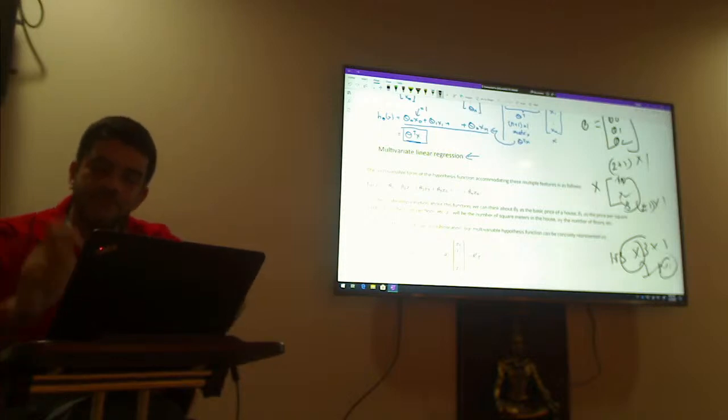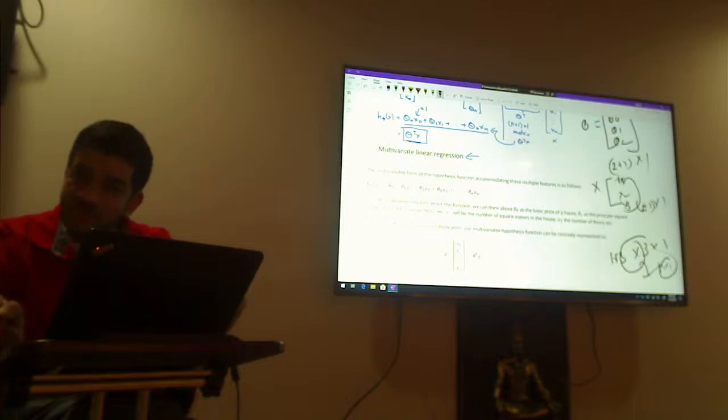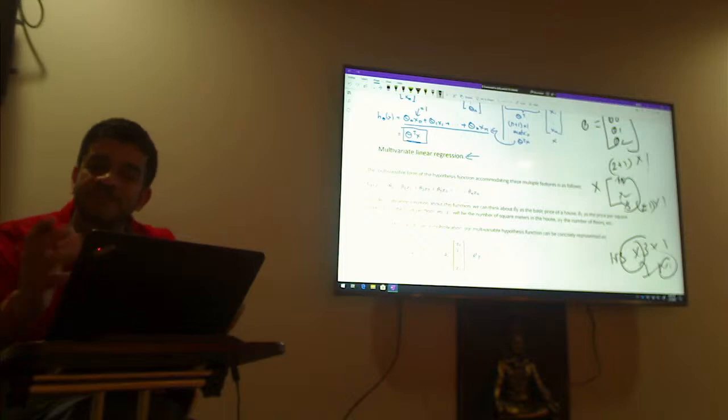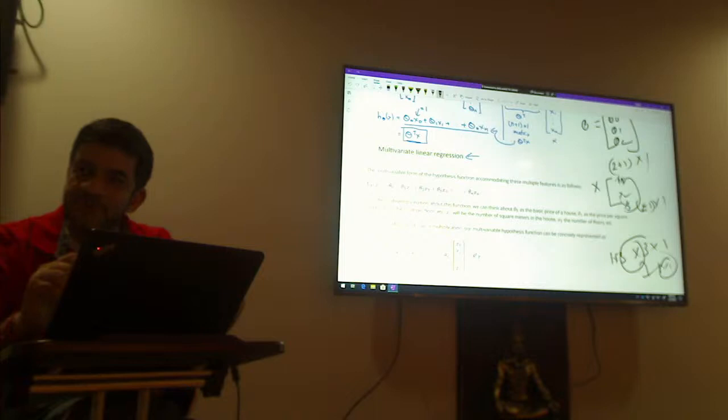Another option is 3 by 1 and 1 by 3, and then the result would be 3 by 3. So here theta is a 3 by 1 matrix, and x is again a 3 by 1 matrix.